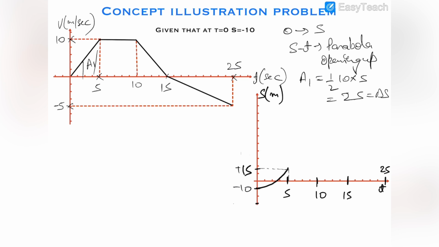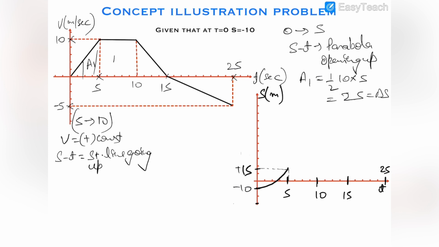Okay, now let us consider the second time slot, which is from 5 to 10. In 5 to 10, velocity is positive constant. So ST graph would be a straight line going up. Okay, going up.